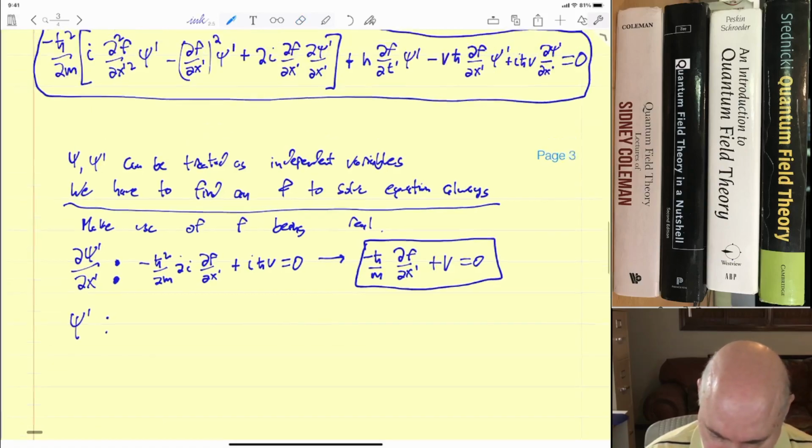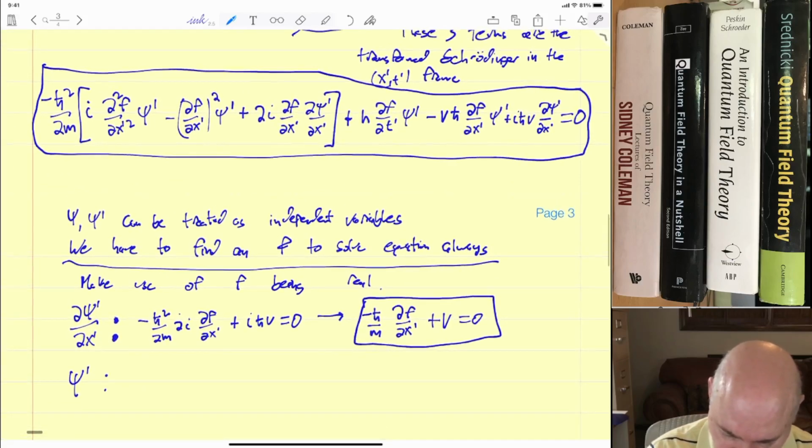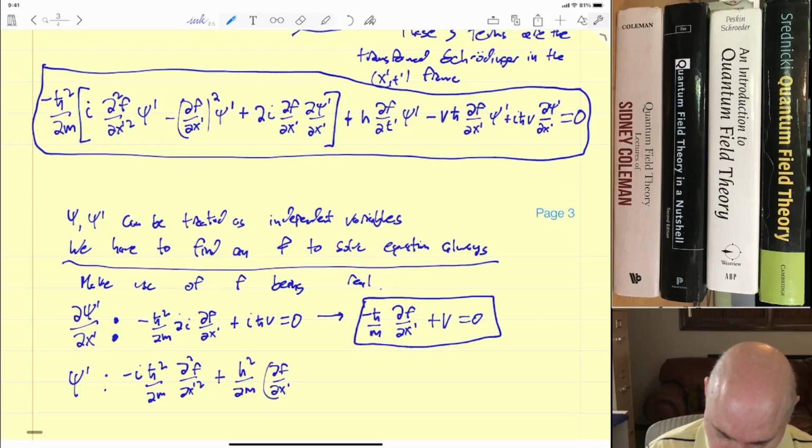So here I have psi prime. Here I have minus i h bar squared over 2m, the second partial of f with respect to x prime, plus, minus sign, and minus sign is going to be a plus here, so I have plus h bar squared over 2m, the partial of f with respect to x prime squared.